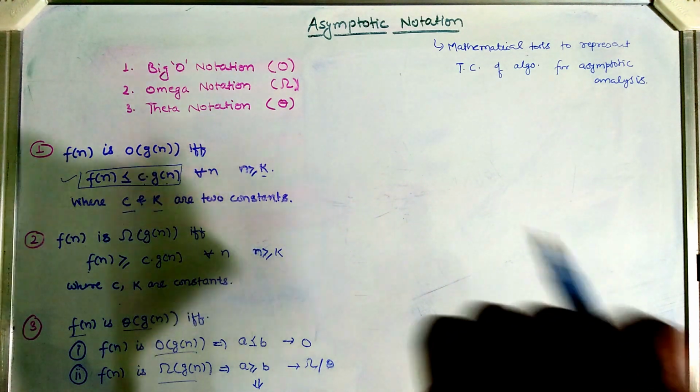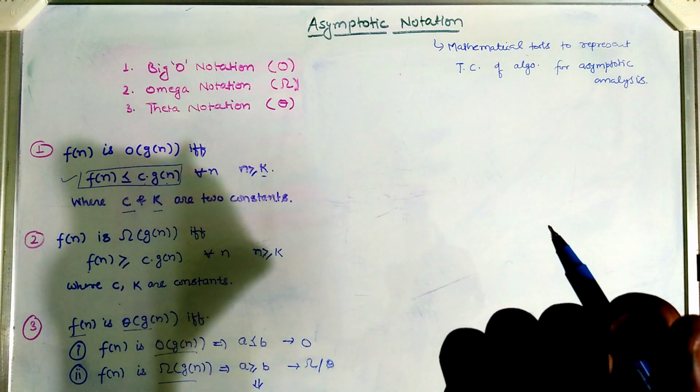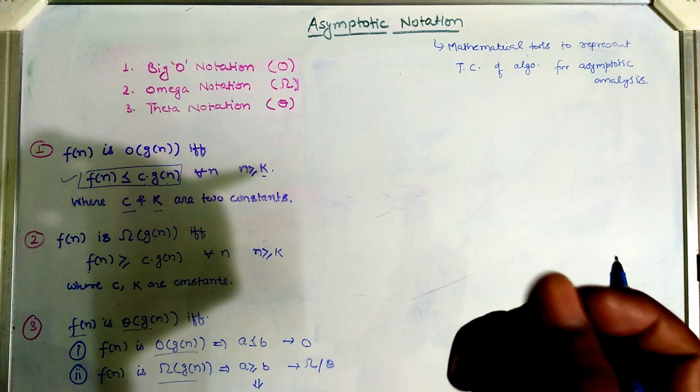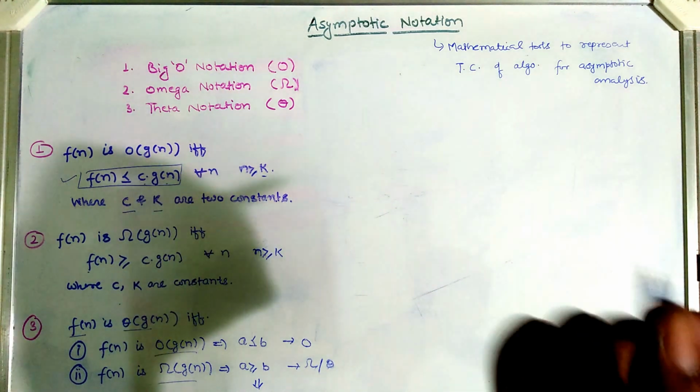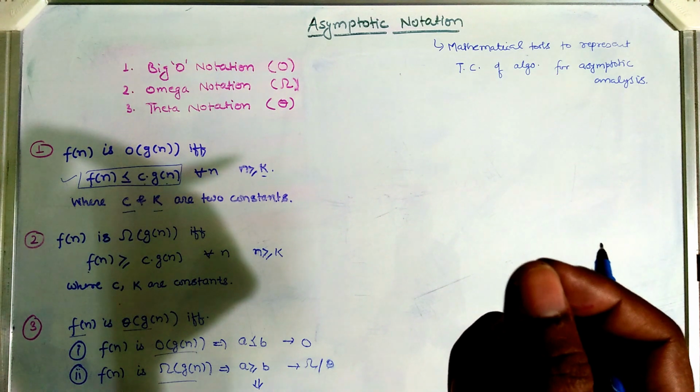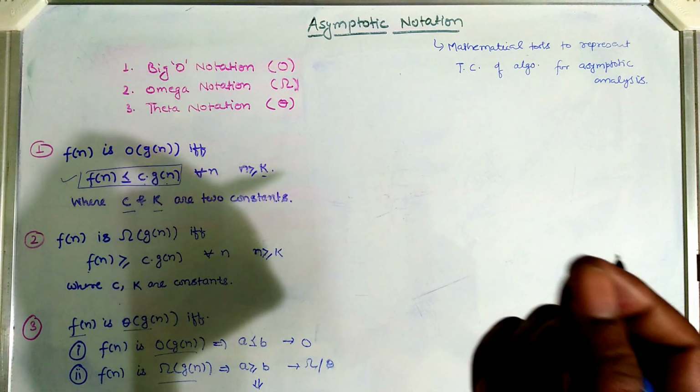So this type of analysis is called asymptotic analysis, and we use asymptotic notations that mathematically represent the time complexity for this type of analysis.